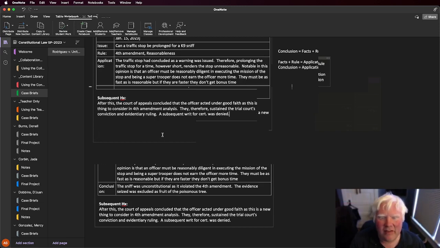In the federal system, and this is more of a technicality, but they have magistrate judges, district court judges, circuit judges, and justices.